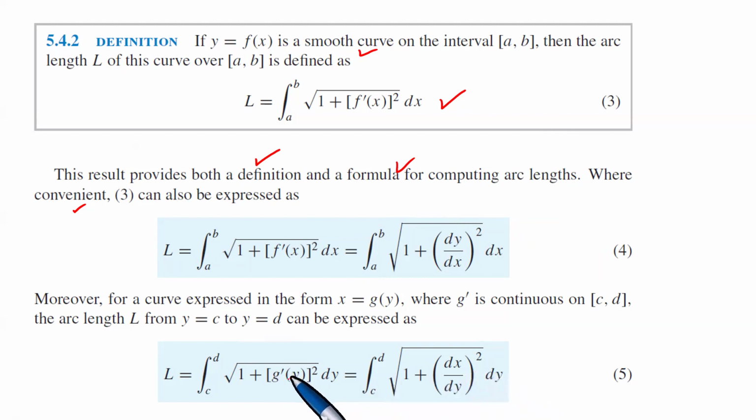So we note the change: if it is dy here, then it is dx dy under the square root sign.